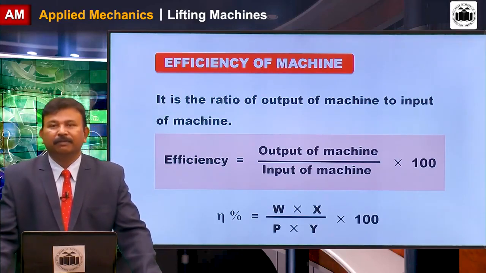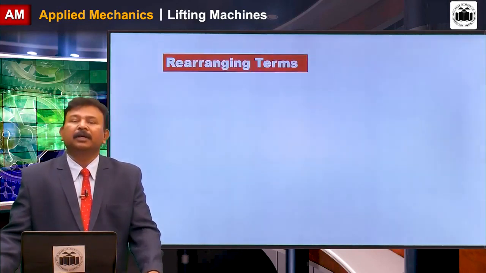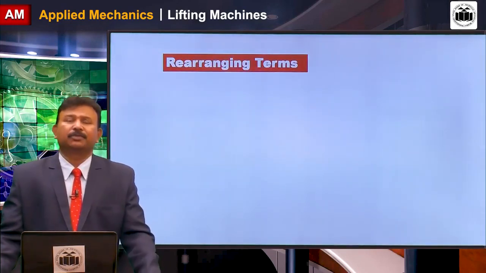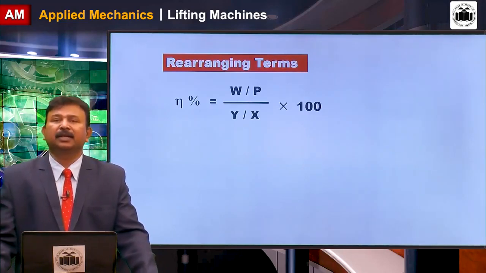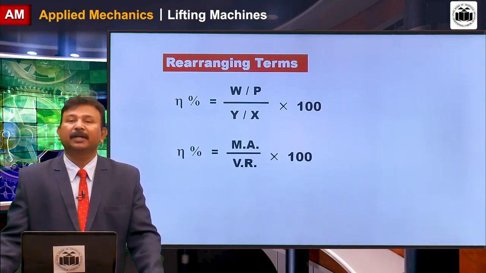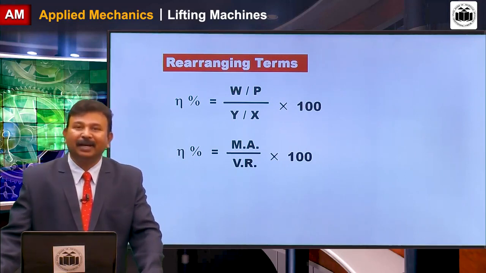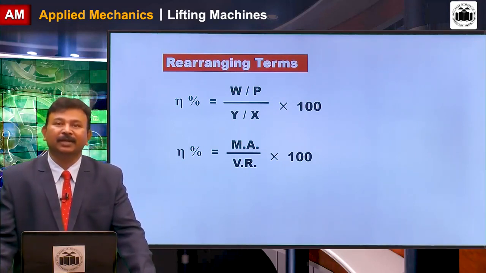W into X upon P into Y multiplied by 100. Now if we rearrange the terms, we shift P upward and X downward, and ultimately we get efficiency as the ratio of mechanical advantage to the velocity ratio.